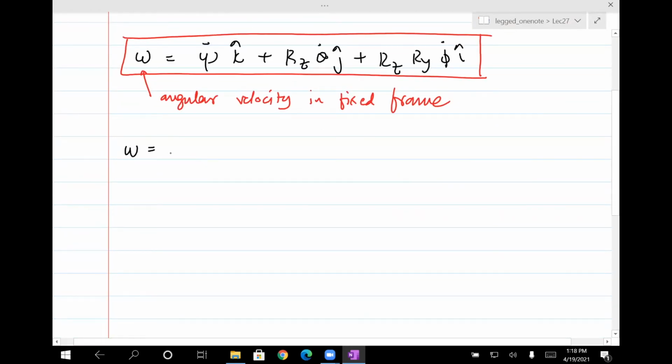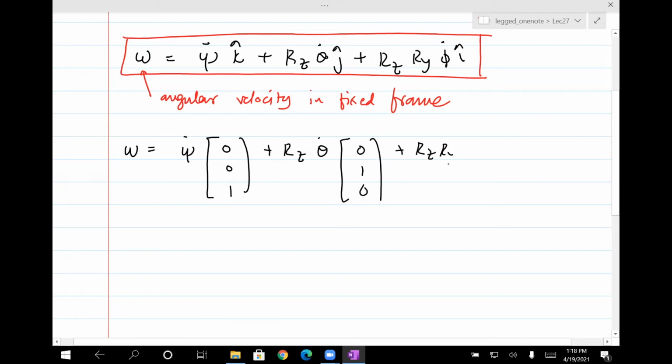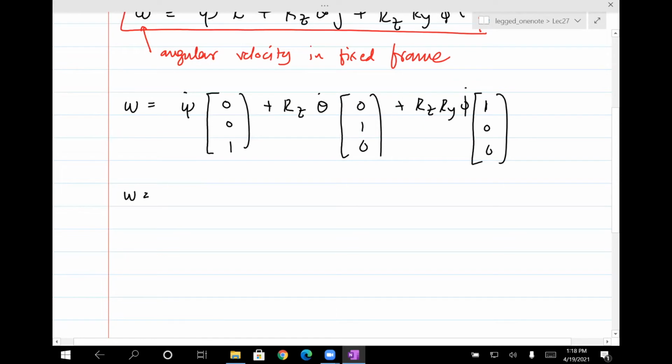Omega equals psi dot, the K is 0 0 1, plus Rz, theta dot, so J is 0 1 0, plus Rz Ry phi, I is 1 0 0. So if you take this and simplify all the things down, you'll end up with something like this.